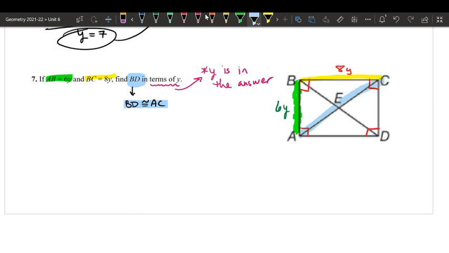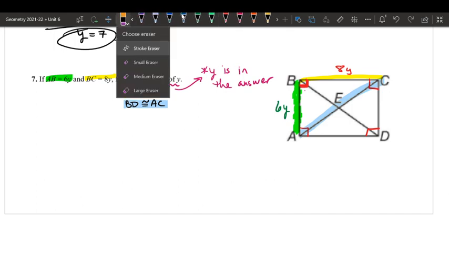Does that look more helpful? It does, because now I have a right triangle, so I can set this up using the good old Pythagorean theorem.